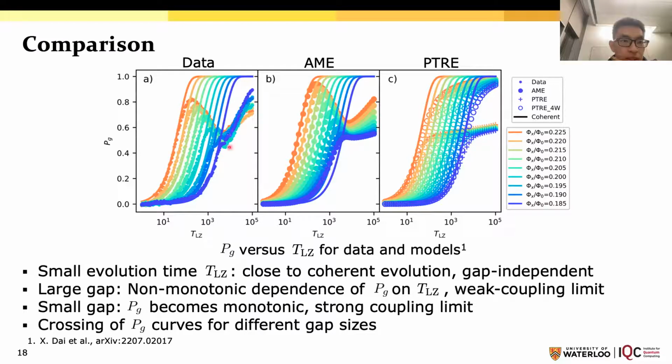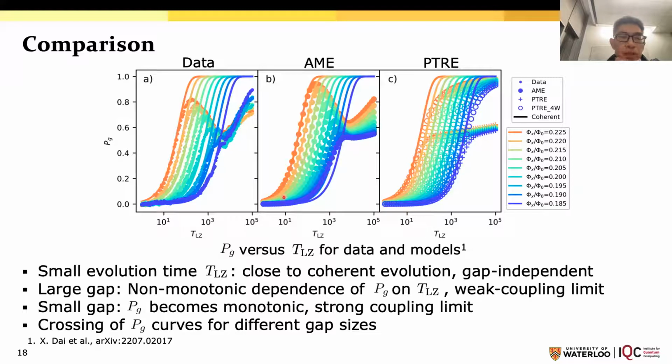If we look at the AME specifically, you will see that the larger delta curve, like this orange curve here, is always higher than the smaller gap delta data.